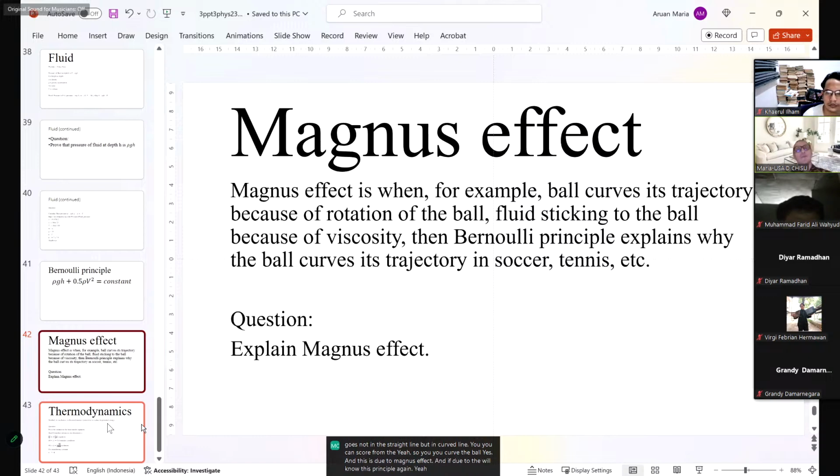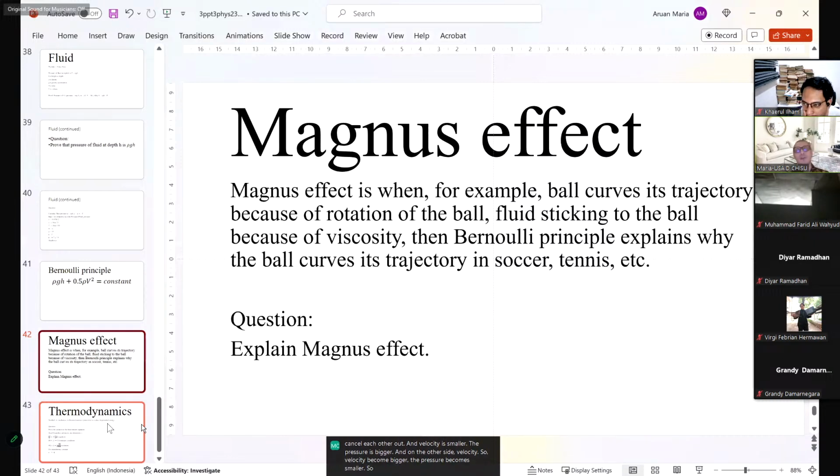When the ball rotates and moves, on one side the pressure becomes bigger because the fluxes of air cancel each other out, and velocity is smaller. The pressure is bigger, and on the other side, velocities add up, so velocities become bigger. The pressure becomes smaller.